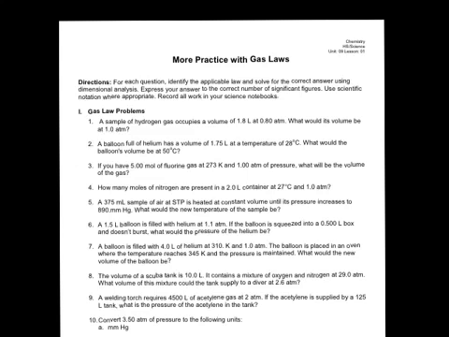I want you to do number 1, number 2, and number 8. You'll have to apply one or the other gas law. Remember, don't do 3, 4, 5, 6, 7, 9. Just do 1, 2, and 8.